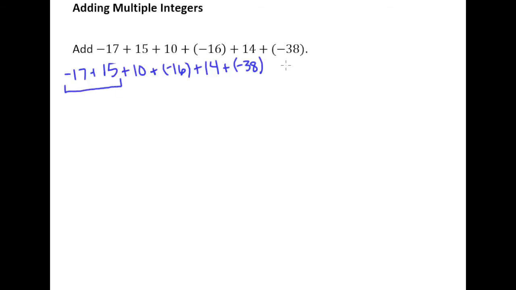I know that the signs are different, so I need to subtract. I get a difference of 2, but of course that is negative 2 because the negative is on the larger absolute value of negative 17. Rewriting everything else. Sorry, that wasn't very good.